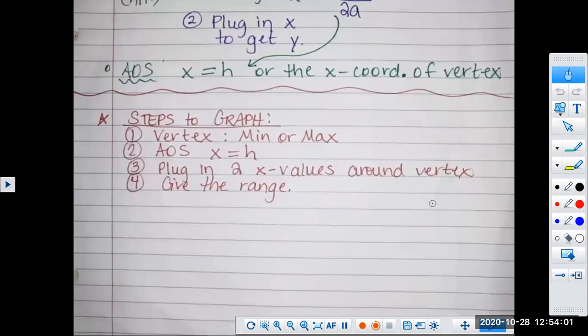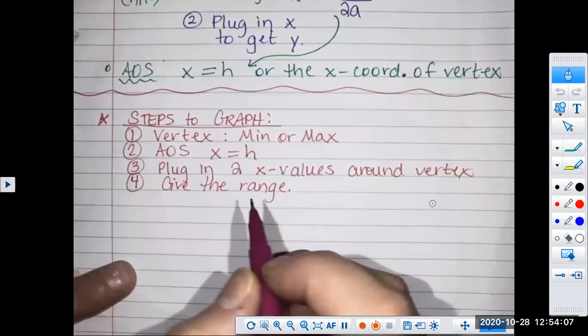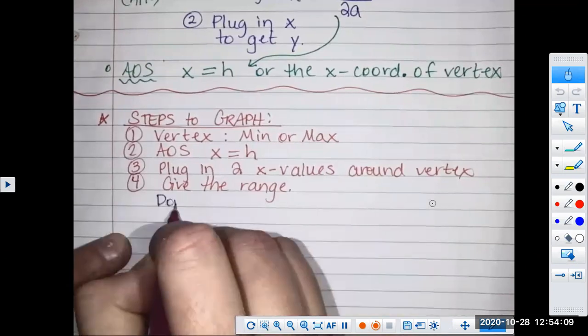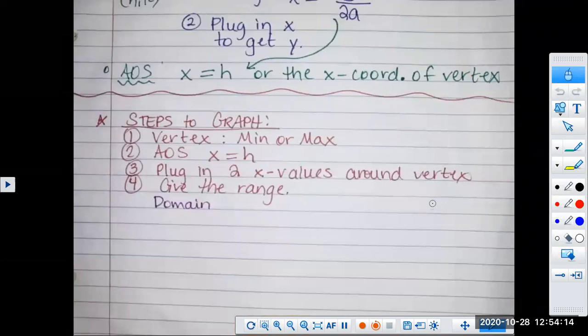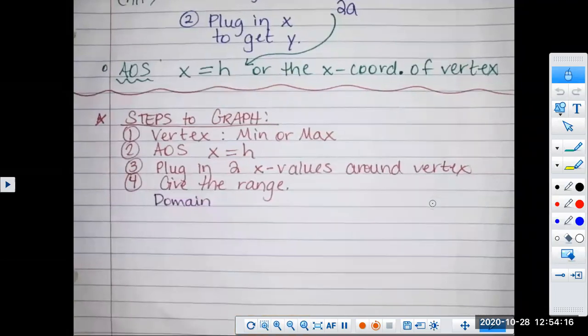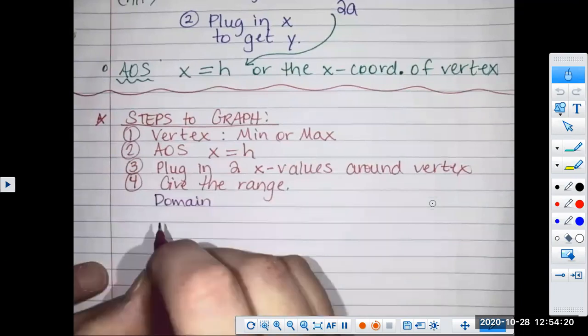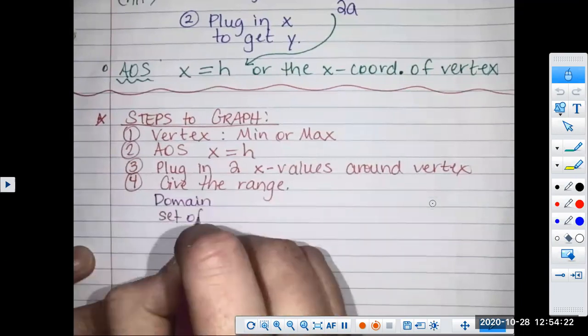All right, by the end of Algebra 2 trig and pre-cal, you're going to be sick of giving a domain and range. But the domain is simply all the set of x's that can be on your graph. So it's a set of all x's, set of x's is really what you need to know.